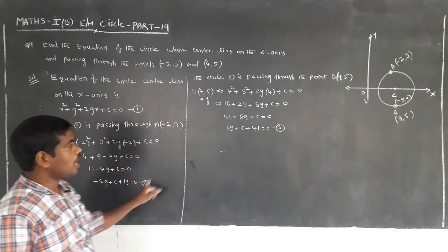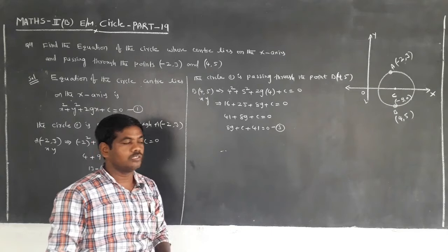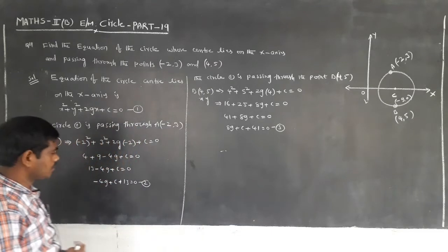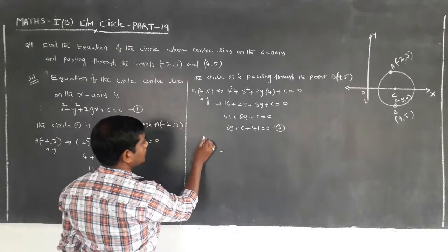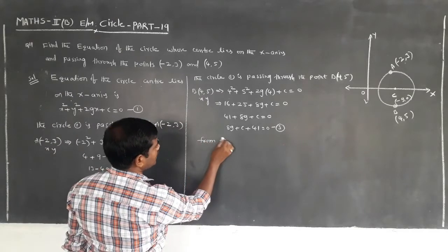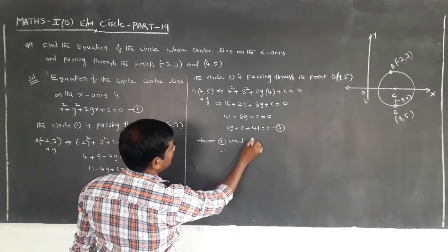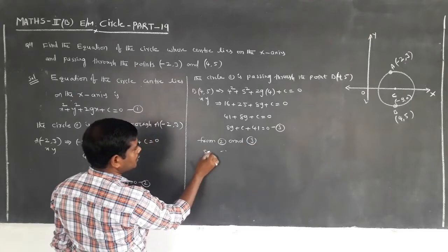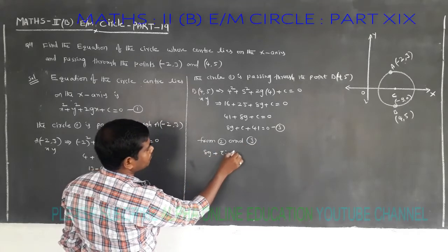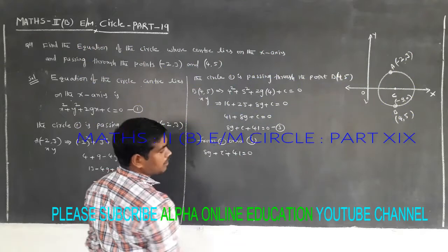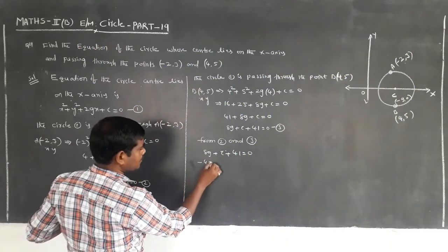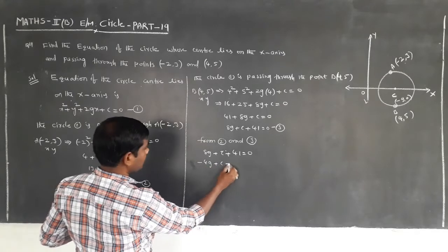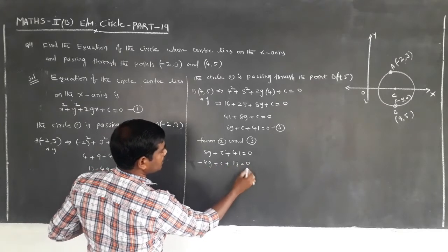Solve equations 2 and 3, and we get the values of g and c. Here from equations 2 and 3: the third equation is 8g plus c plus 41 is equal to 0, and the second one is minus 4g plus c plus 13 is equal to 0.